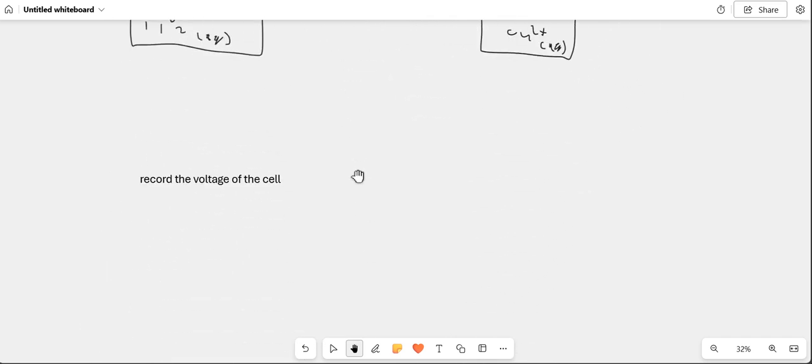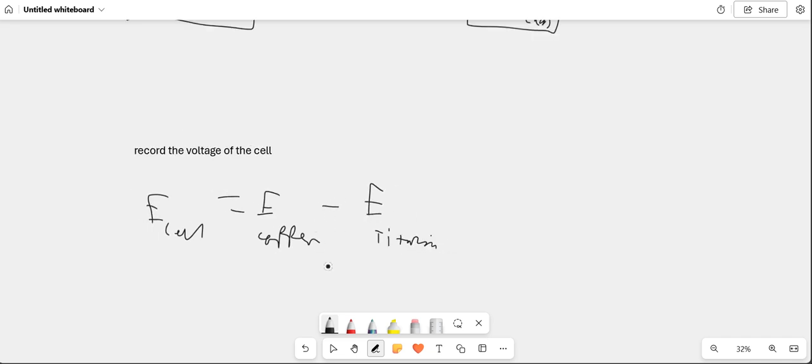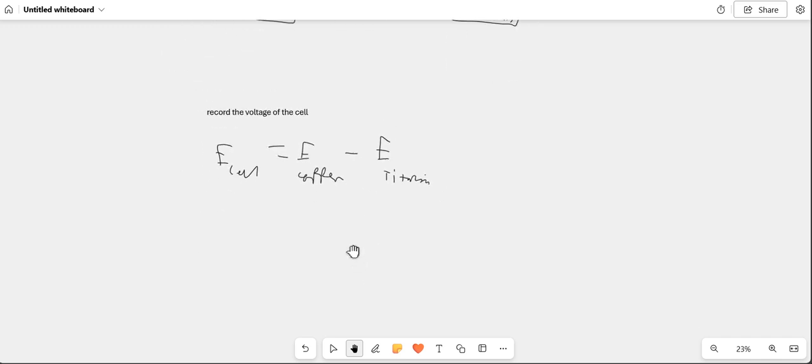Let's continue then. So record the voltage of the cell here. So yeah, do that. And obviously E of the cell here is going to be E of copper minus E of titanium. That's going to be forward, that's going to be backward here. So E of copper minus E of titanium.